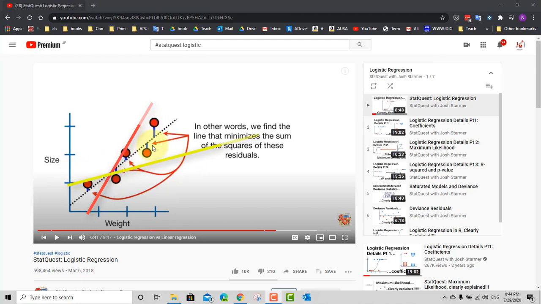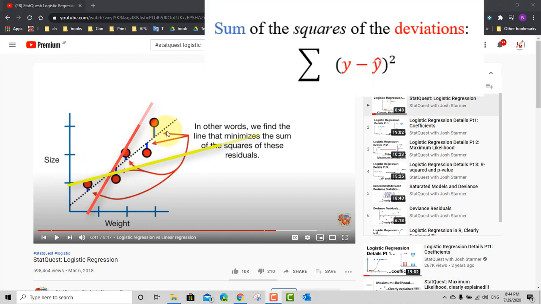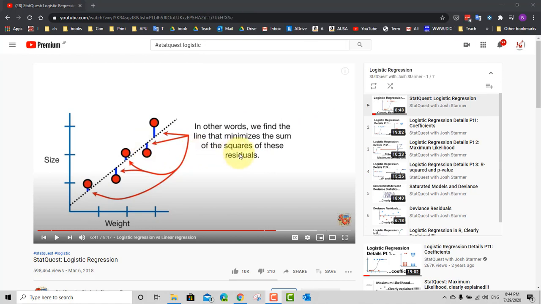Of course, a different line is going to generate a different set of blue errors, and we want to choose the line which has the least of this kind of error, which we call the sum of squares. These deviations can also be called the residuals, because they're what's left over after you use the line. So we had that criteria for choosing the best line.